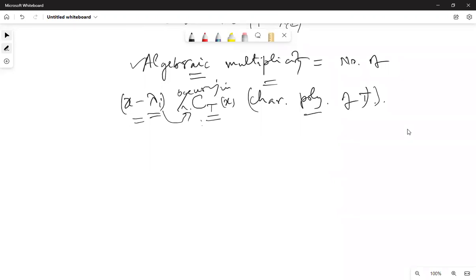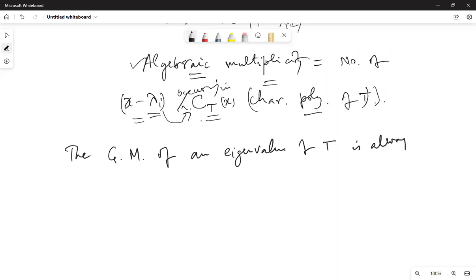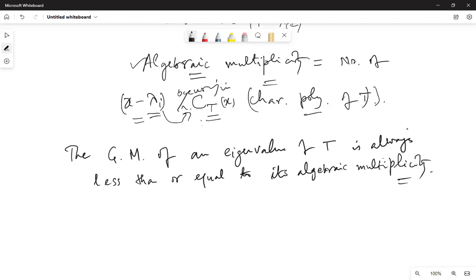But another result which we are now going to look at: the geometric multiplicity of an eigenvalue of T is always less than or equal to its algebraic multiplicity. This is another result we are going to look at.